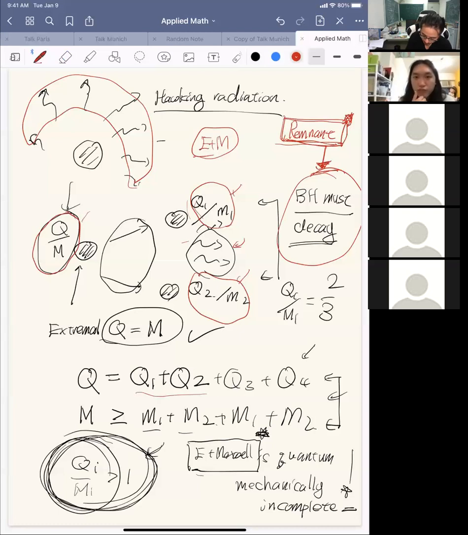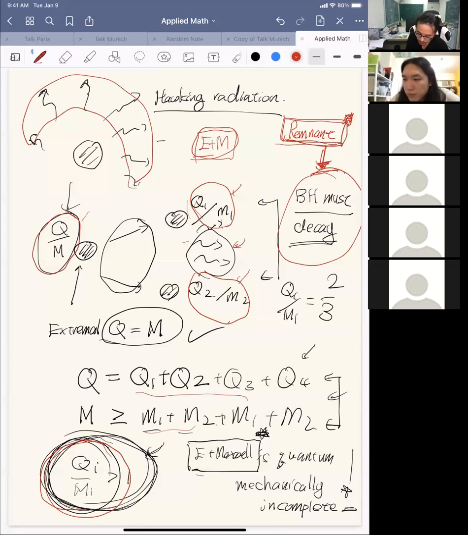Then just by this simple analysis, you see that if this decay process is to happen, then you must result in something that has Q over M bigger than 1. But already we know that in Einstein-Maxwell theory, you have an extremal bound for your charge. So your Q over M cannot be bigger than 1. So you run into a violation.